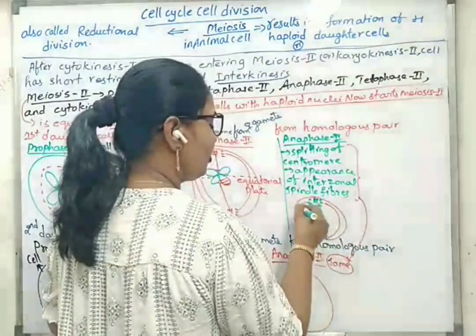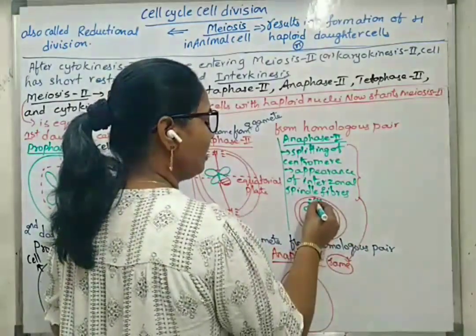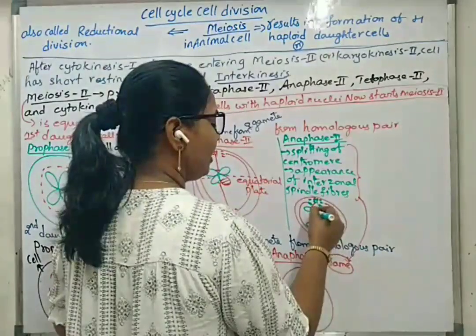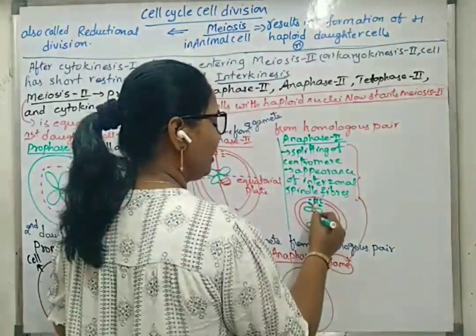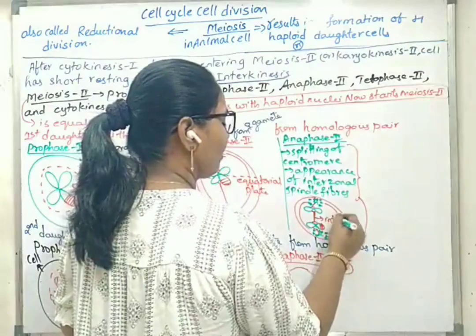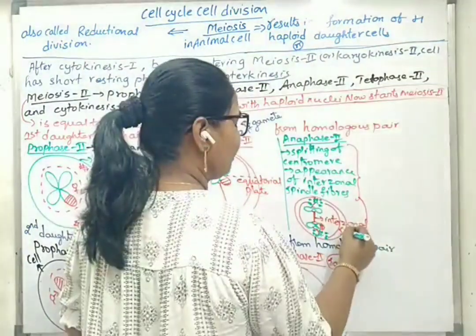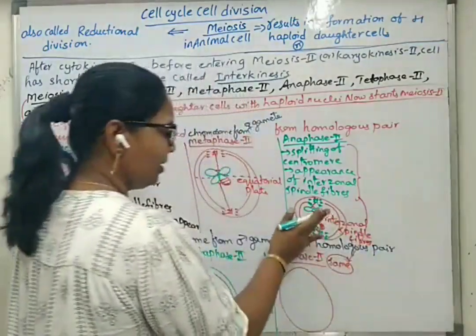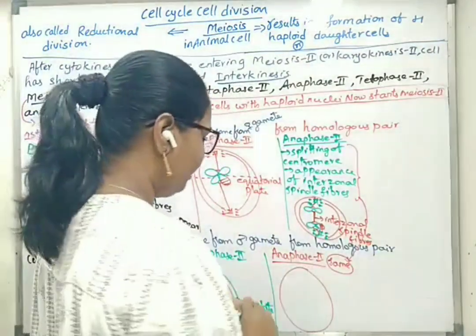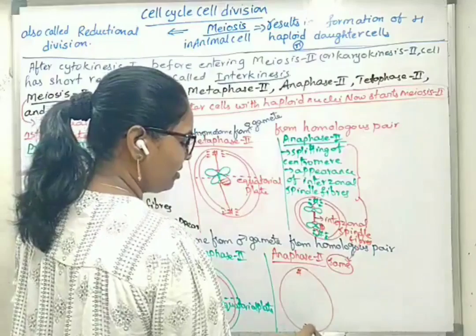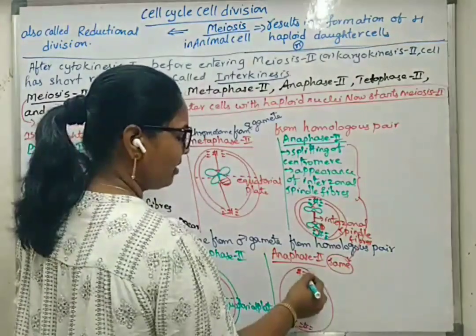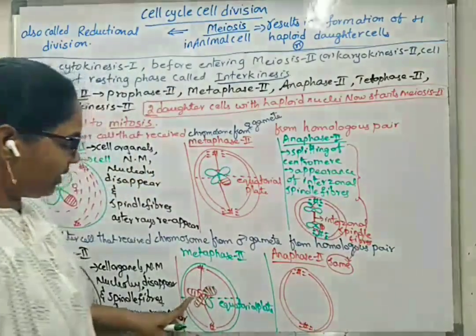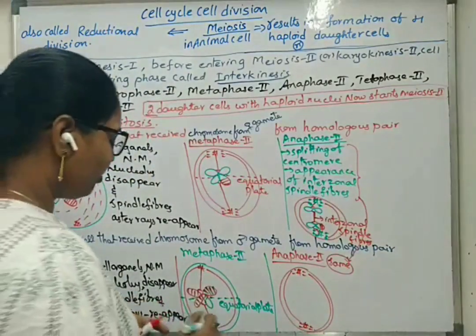So we'll see, as usual, continuous spindle fibers, discontinuous spindle fibers, and also interzonal spindle fibers. This same one I will write here somewhat clearly: centrioles, aster rays, continuous spindle fibers. This one also will break up at the centromere area.